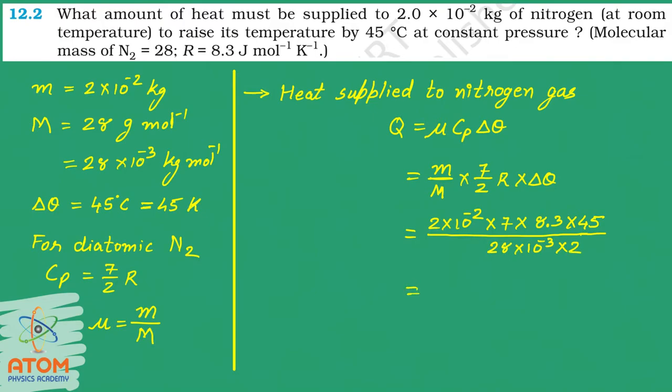Now solving this, we will get something like 93.37 into 10 raised to 1 joule. So it is 933.7 joule, or we can say that the heat required is approximately 934 joule. That is our answer.